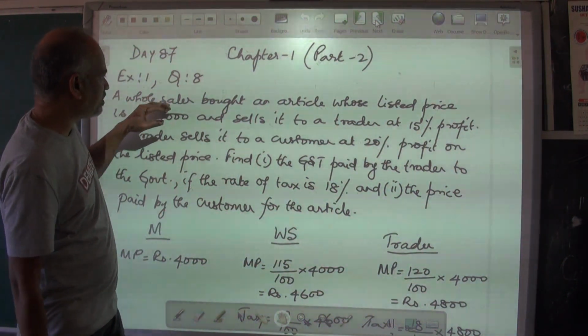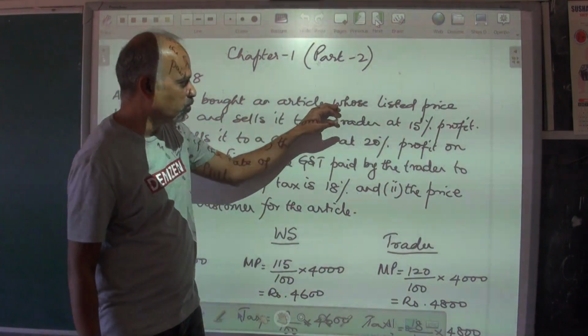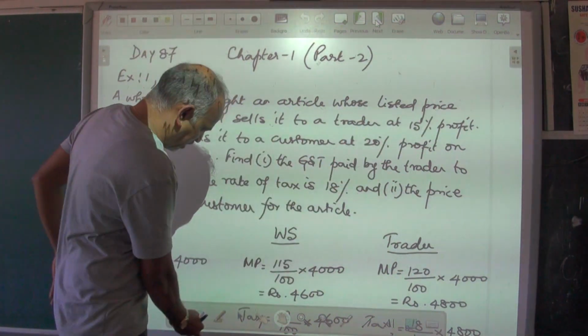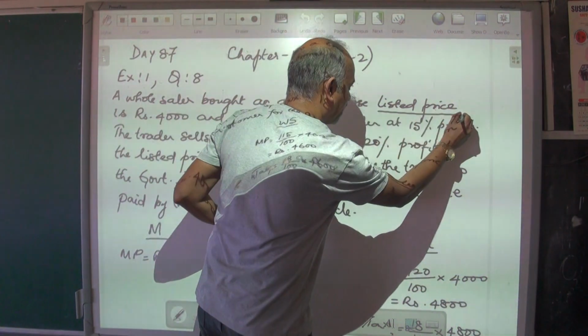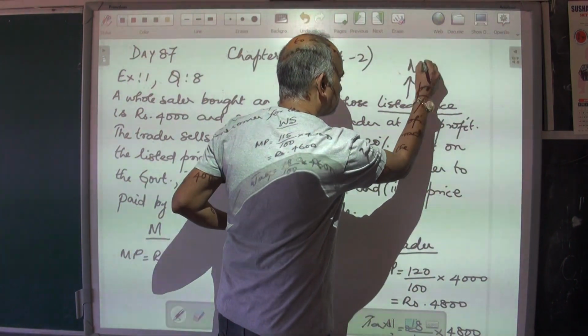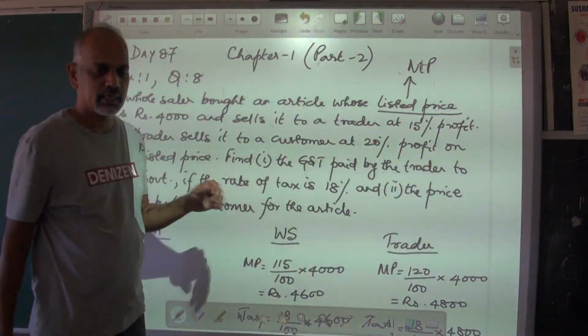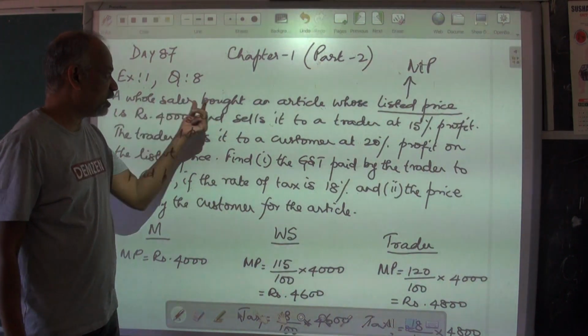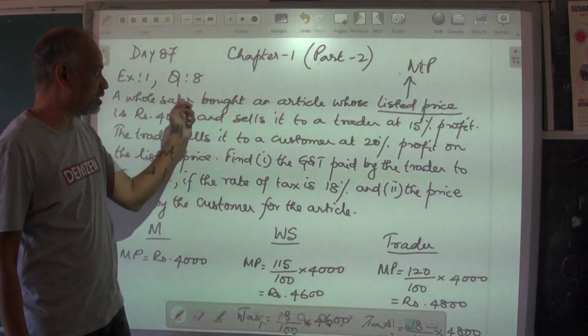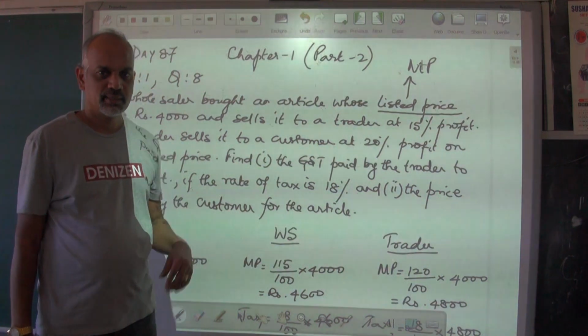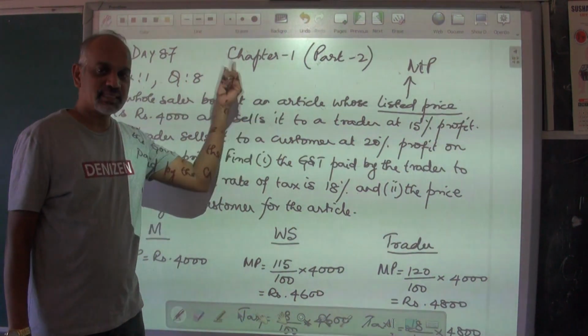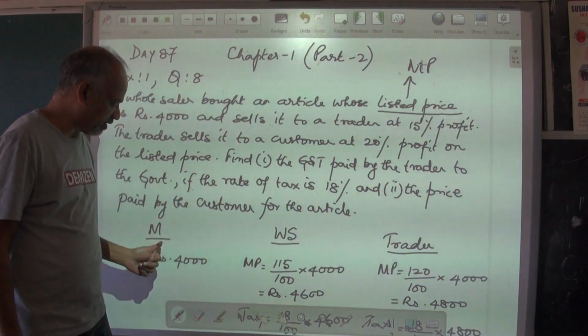It says a wholesaler bought an article whose listed price, as I told you, is actually the mark price. So a wholesaler bought an article. Now the wholesaler is buying the article from someone. So let's consider that someone is the manufacturer.